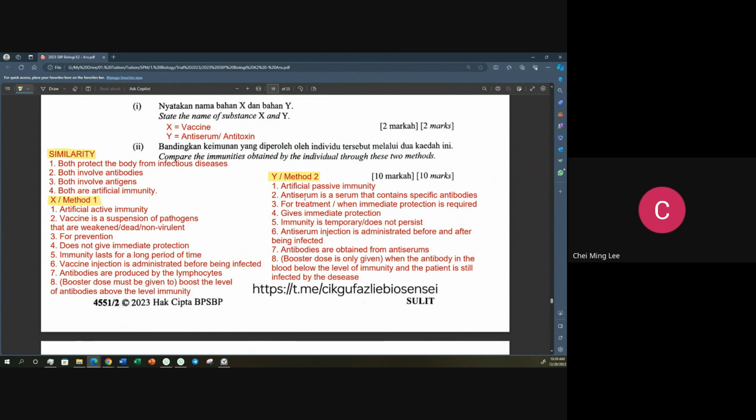How many marks can you get? 20分你拿多少分？讲来听一下。Okay, 17, good. How about others?